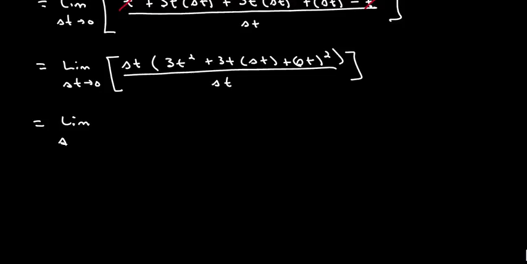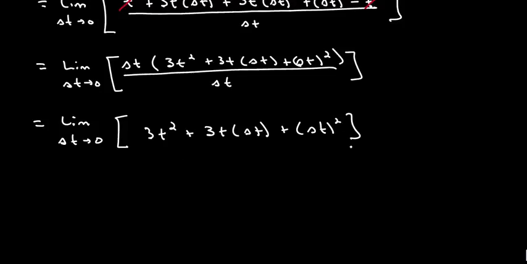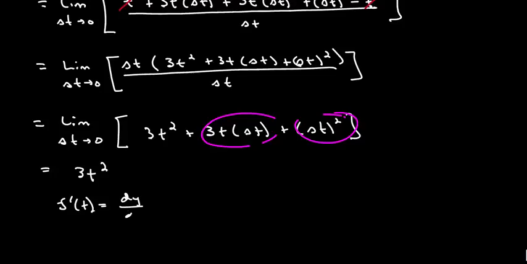And that is the limit as delta t goes to 0 of 3t squared plus 3t times delta t plus delta t squared. As I take the limit, this guy goes to 0, and this guy goes to 0, and so I'm left with just 3t squared. So f prime of t, which is dy dt, the rate of change with respect to t, is equal to 3t squared.